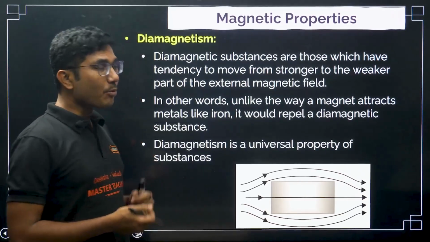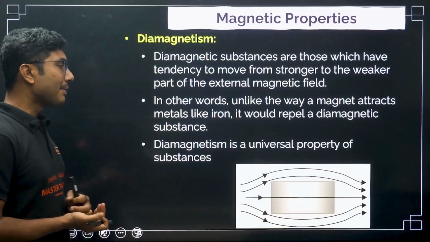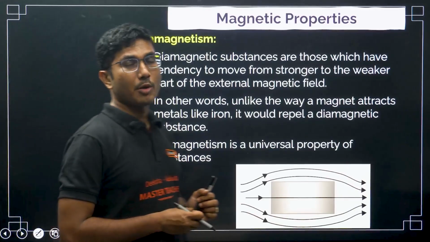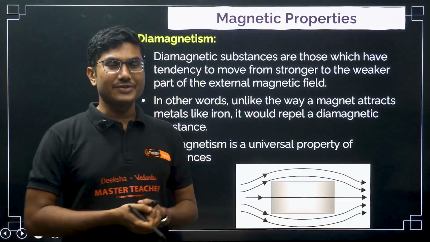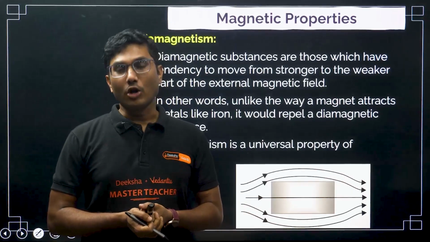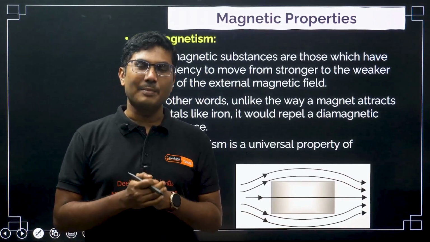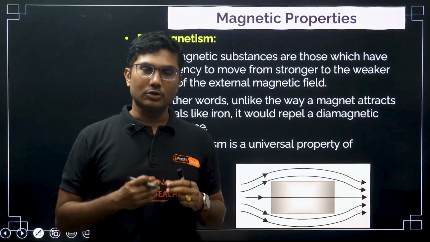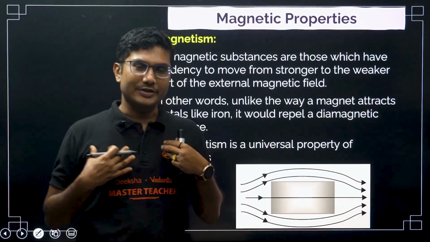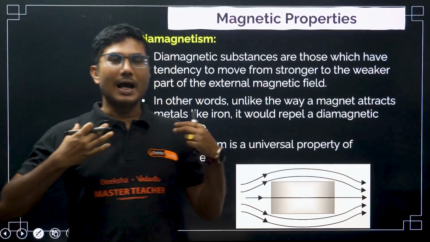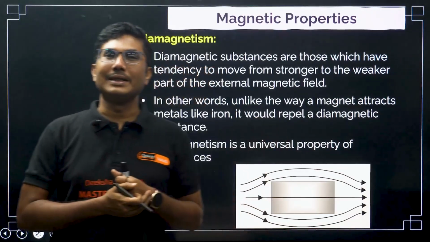Now the very important point to remember, diamagnetism is a universal property of substances. All the substances that you see always have an inherent diamagnetism as their property. Suppose I am a substance, I am an iron, I have diamagnetism in me.